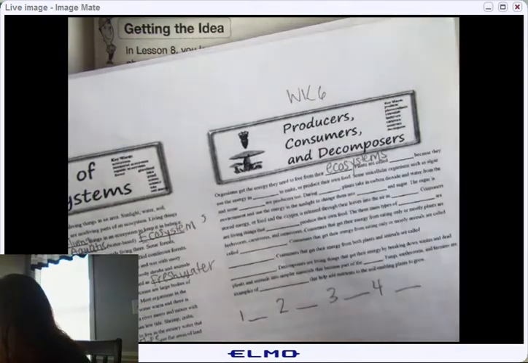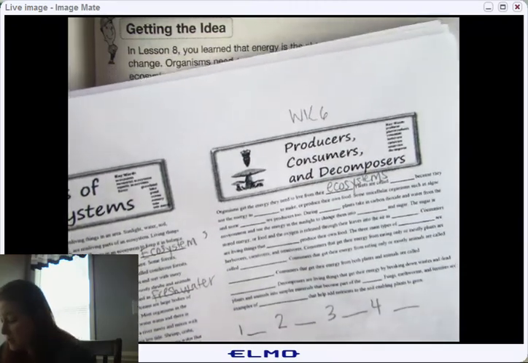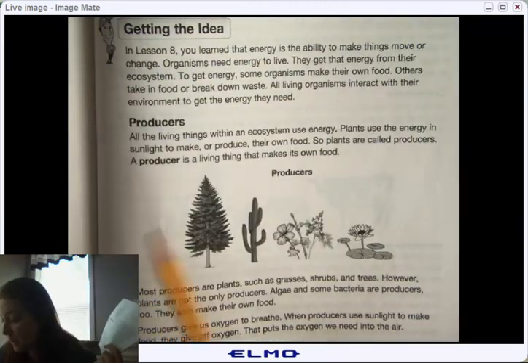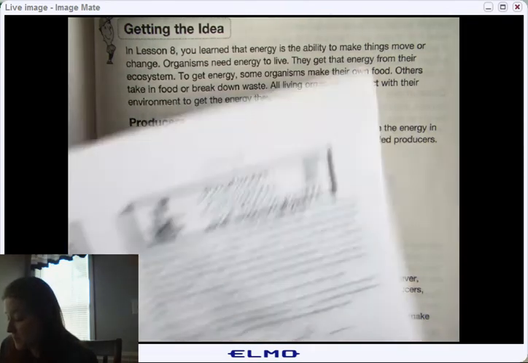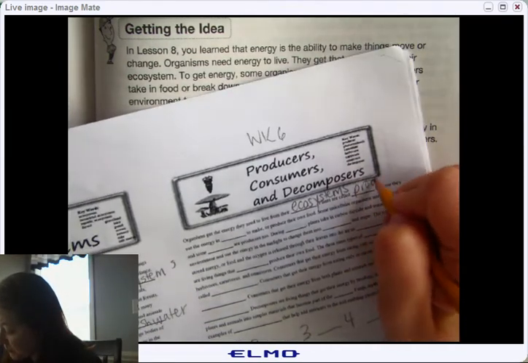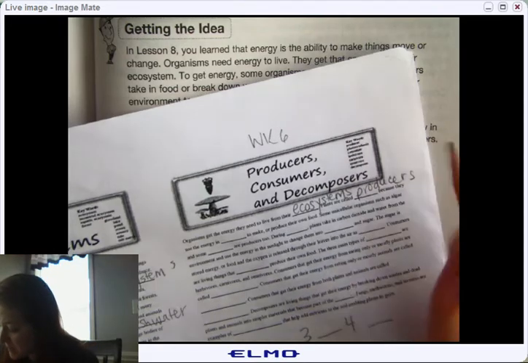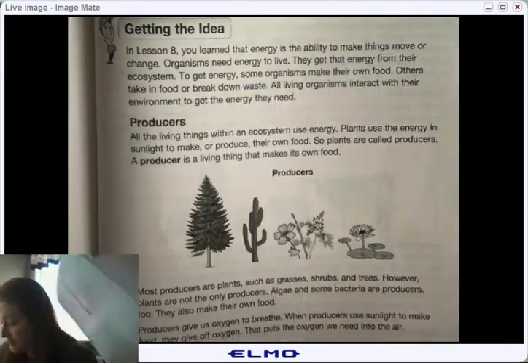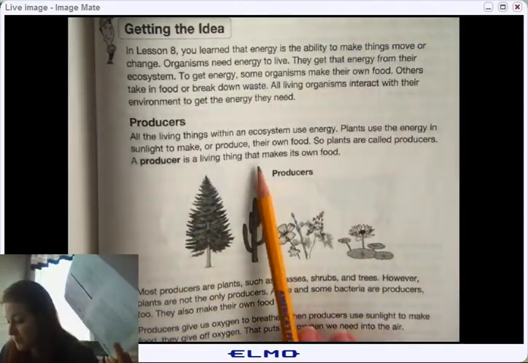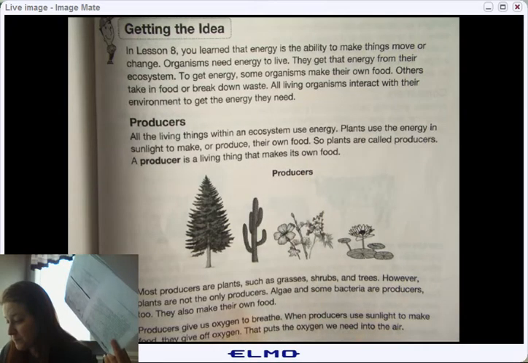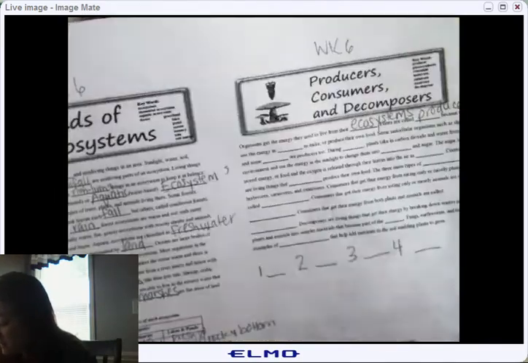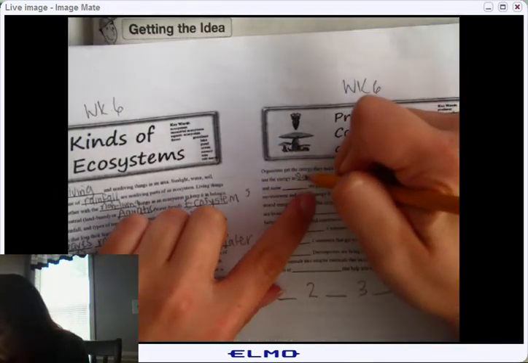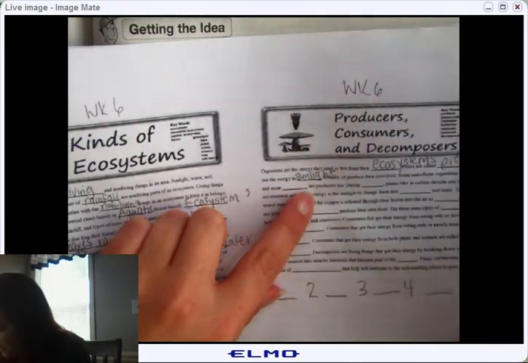Plants are called blank because they use the energy in blank to make. So plants are called producers because they use the energy in sunlight to make or produce their own food.